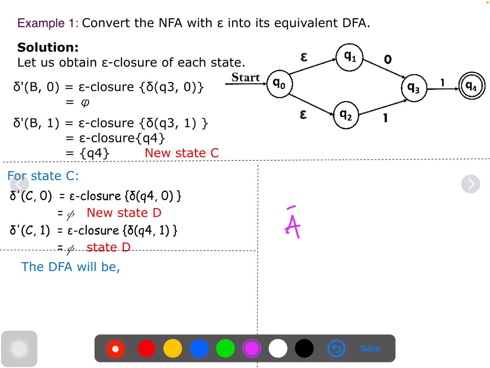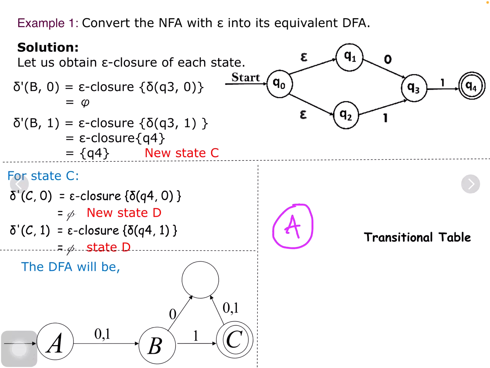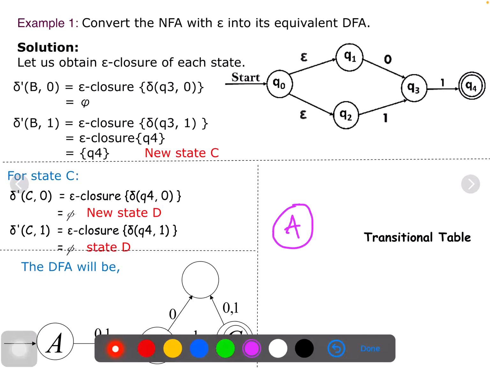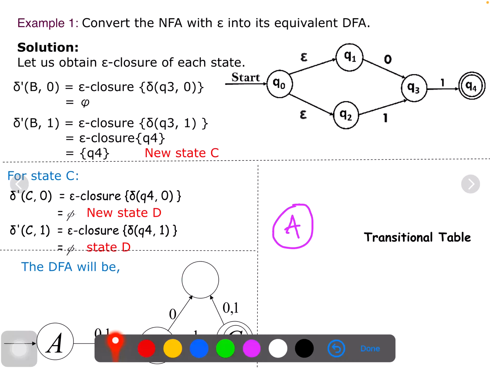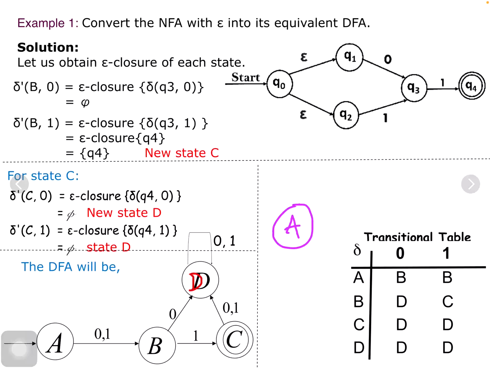So the DFA will be like this. A on 0 goes to D, and A on 1 goes to B. B on 0 goes to D, and B on 1 goes to C. C on 0 and 1 goes to D. Which is the final state?